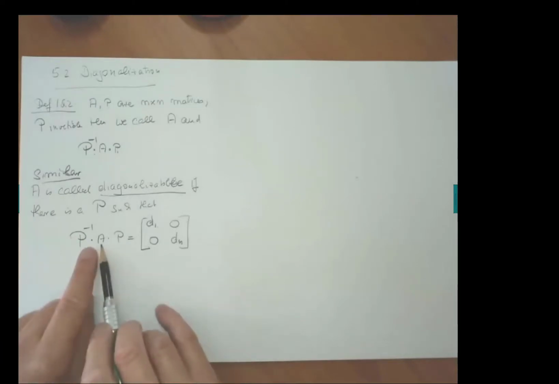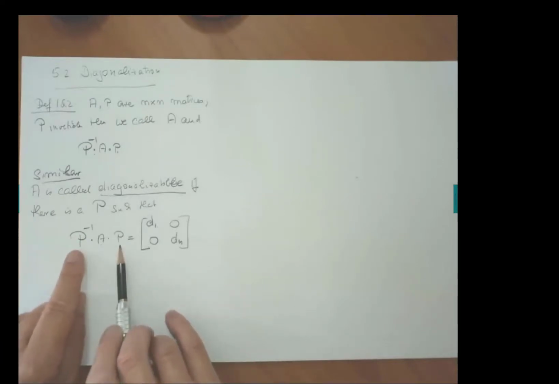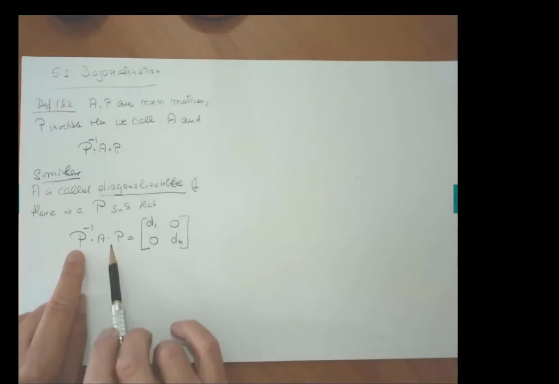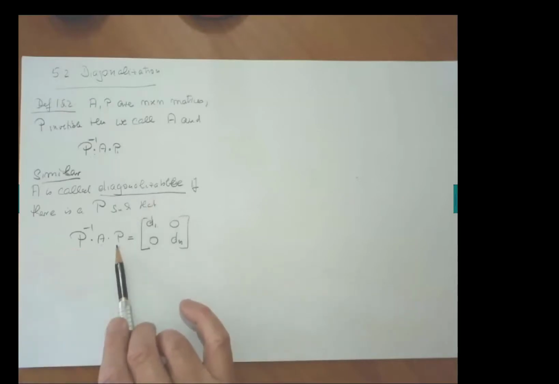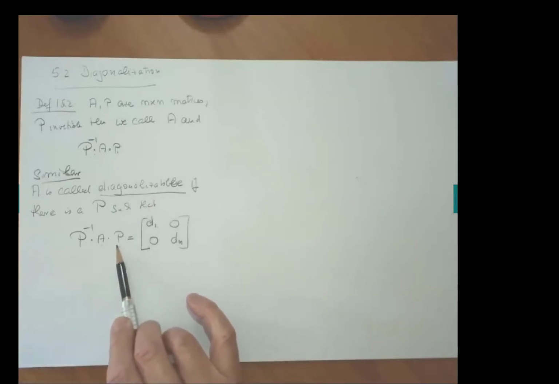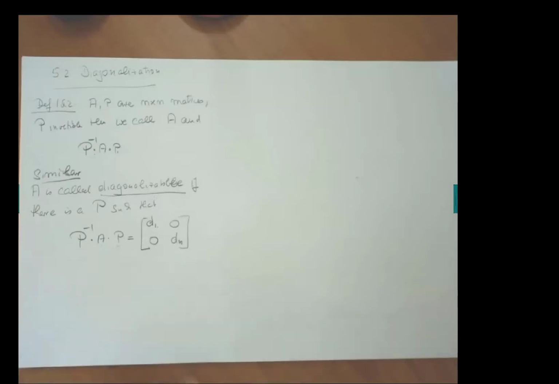This is the matrix A looked at in different coordinate systems. So what this means is if A is diagonalizable, it means if you find the right coordinate system, your matrix is just a diagonal matrix, even if it might not look like this. So in the right coordinate system, your matrix is a diagonal matrix.